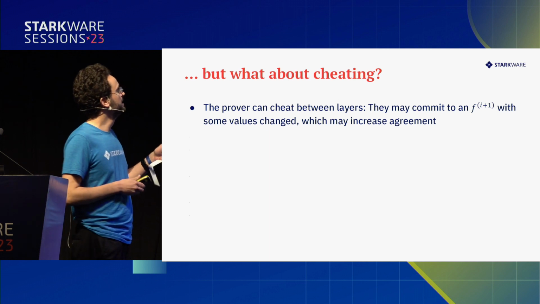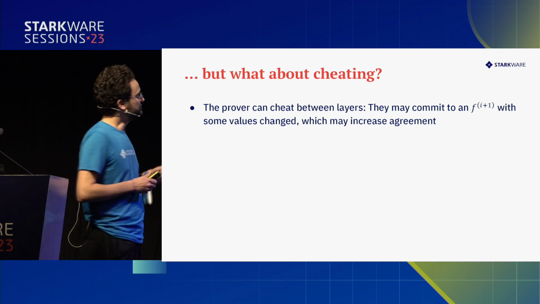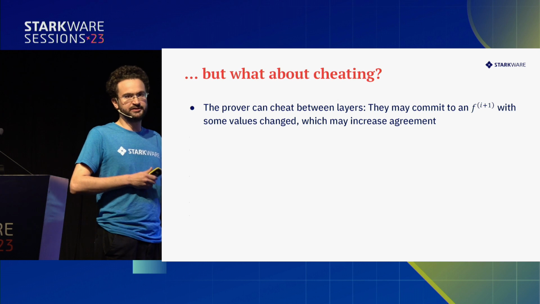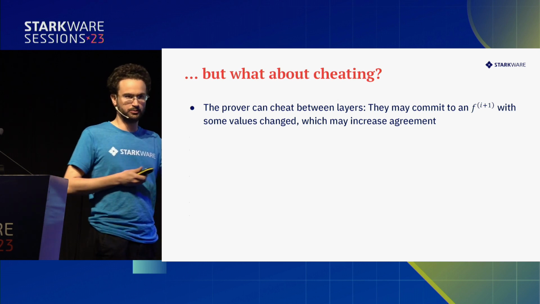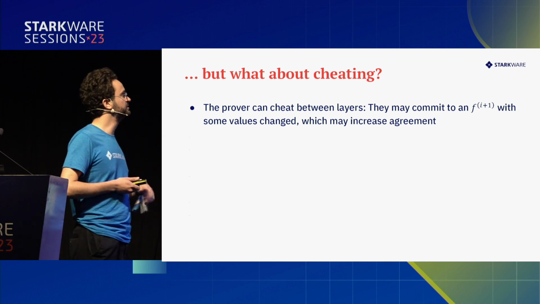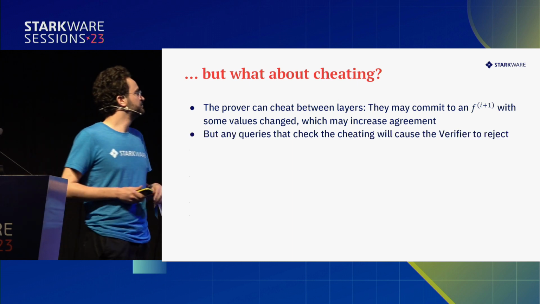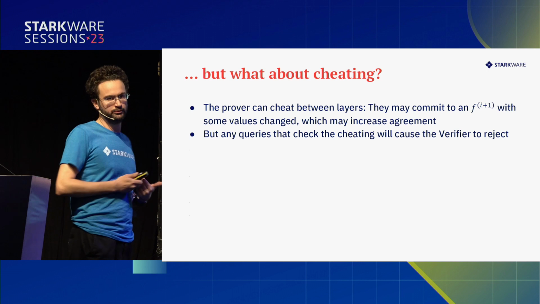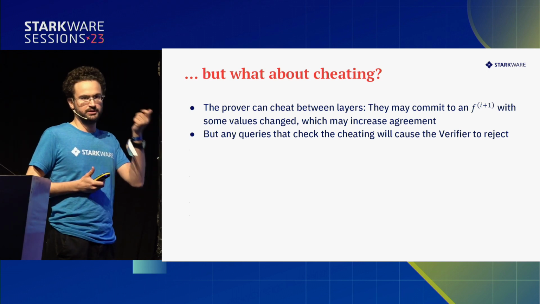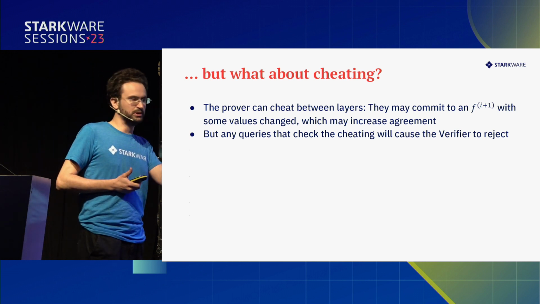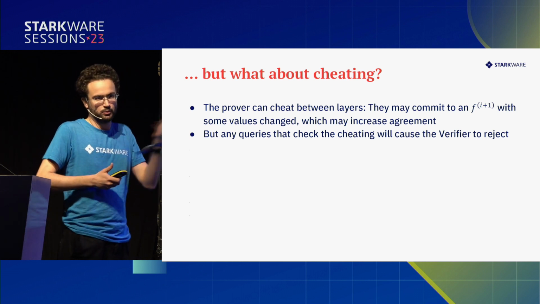The prover can change some values of F_i at every step after computing them, instead of what they should be from a combination of F0 plus z F1. You can commit to something which is different. But this doesn't actually help the prover, because if the verifier queries that node that the prover changed, he will definitely catch that cheating and will reject the proof.